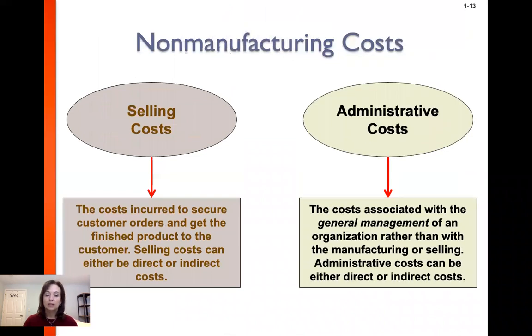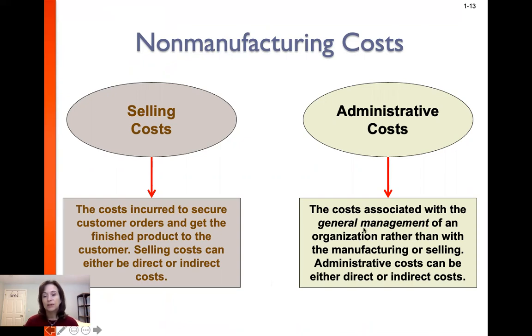And then outside of your manufacturing costs, you're going to have these non-manufacturing costs. So non-manufacturing costs, a lot of times we can lump those into two categories: selling costs and administrative costs. Selling costs would be your salespeople salaries, all the equipment, whether that's like a vehicle for sales calls or a computer that's for your salespeople, advertising costs, shipping things to your customers is considered as selling costs.